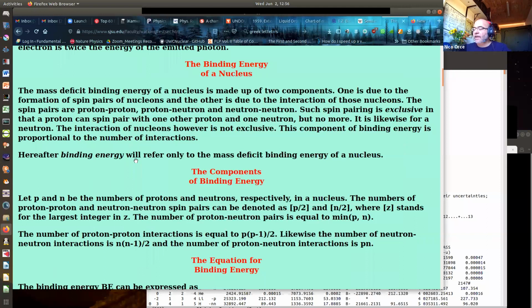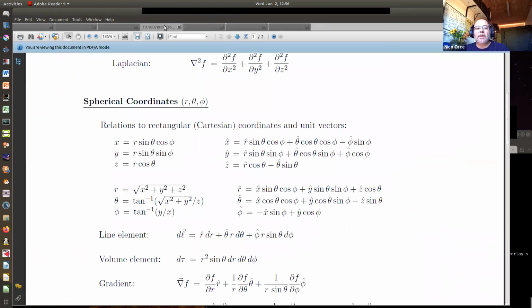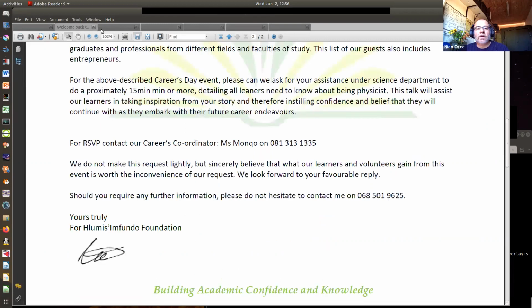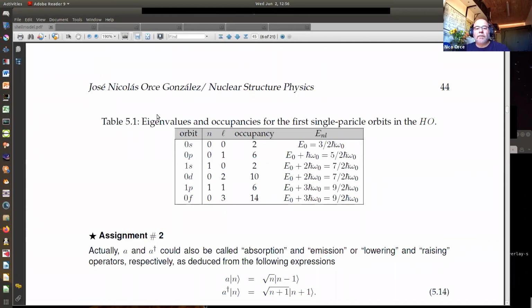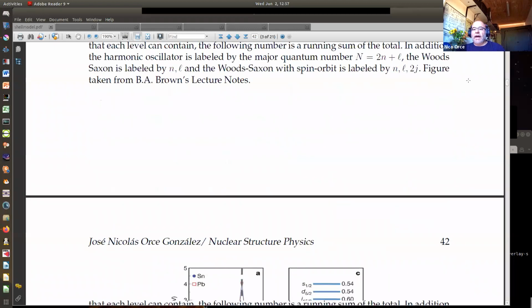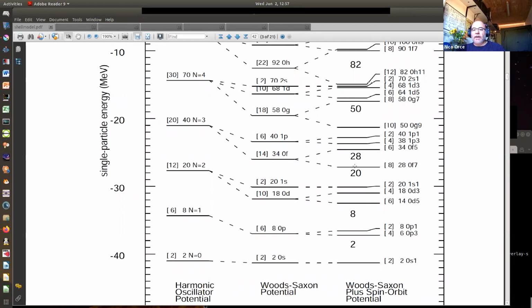Here actually it is nicely represented in this one, the shell model, where at the beginning of the chapter we saw how the spin orbit potential actually splits levels, where the 40 suddenly is 28, and the next one is 50, the next one is 82.